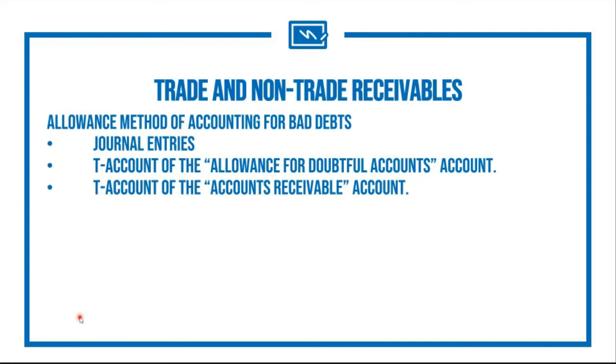Kapag nagkaroon ng write-off, that's going to be a debit to the allowance and a credit immediately to your receivables. Tapos kapag nagkaroon ng recovery, i-reverse mo lang ulit, debit mo ulit yung receivable, ibabalik mo yung allowance sa credit side, tapos kolektahin mo na, debit to cash, credit dun sa receivable na ni-recover mo. Okay?